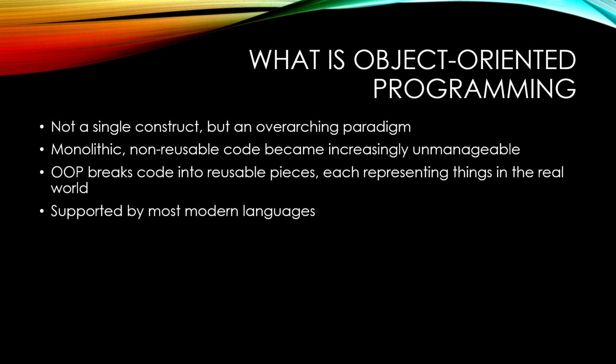Object-oriented programming is more of a general idea, although it does center around some constructs, namely classes. The point of object-oriented programming is to represent real-world objects using programming code. So if you think about any given object in the real world, it has some qualities and it has some things it can do. And we can represent those in our code.